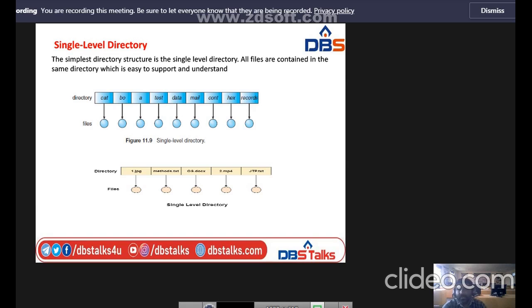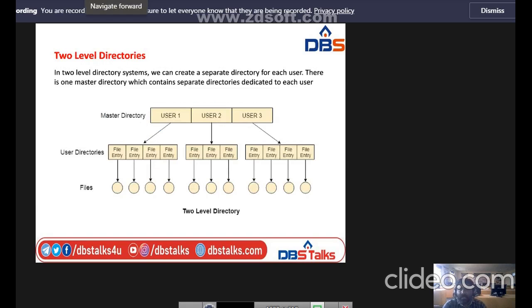Coming to the next level, that is the two-level directory. In a two-level directory, we can create a separate directory for each user. We have a master directory of user directories. For user 1 we have a separate directory, user 2 a separate directory, user 3 a separate directory.